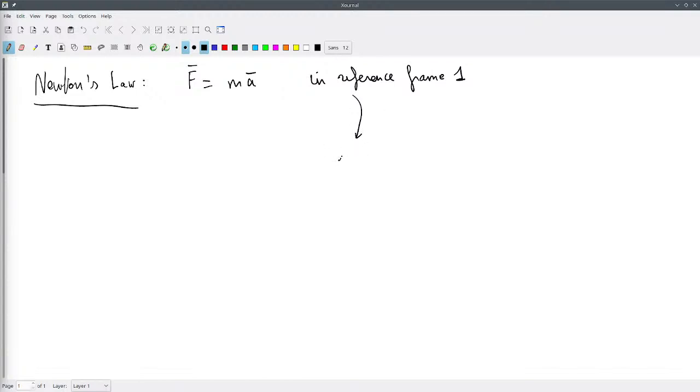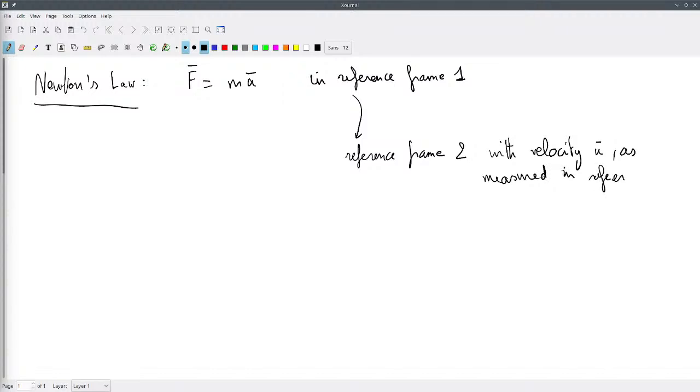So if we go to reference frame 2, and the velocity of reference frame 2 in reference frame 1 is equal to u. So reference frame 2 with a velocity u as measured in reference frame 1.